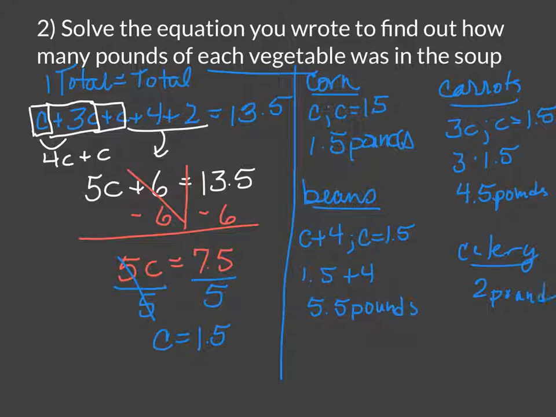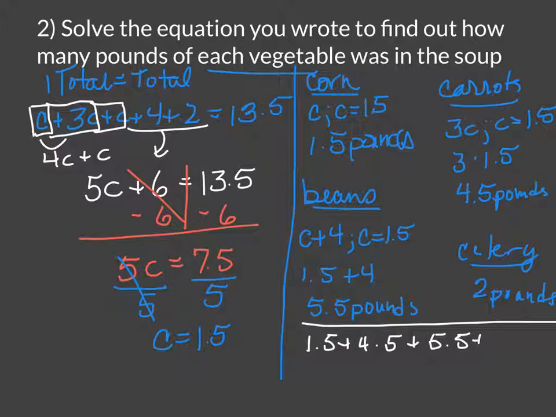Now, we appear to be done, and technically we are, but it's always good to check, and the way I would check that is to add these all up and make sure that they are equivalent to the total that they're supposed to be, which in this case is 13.5.